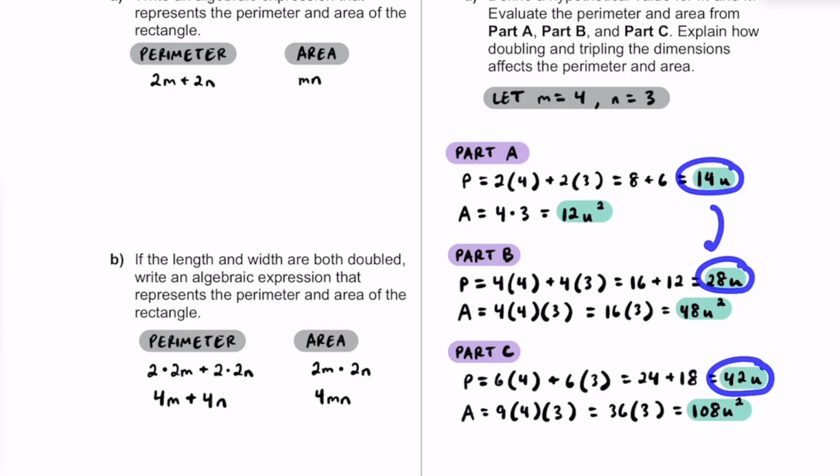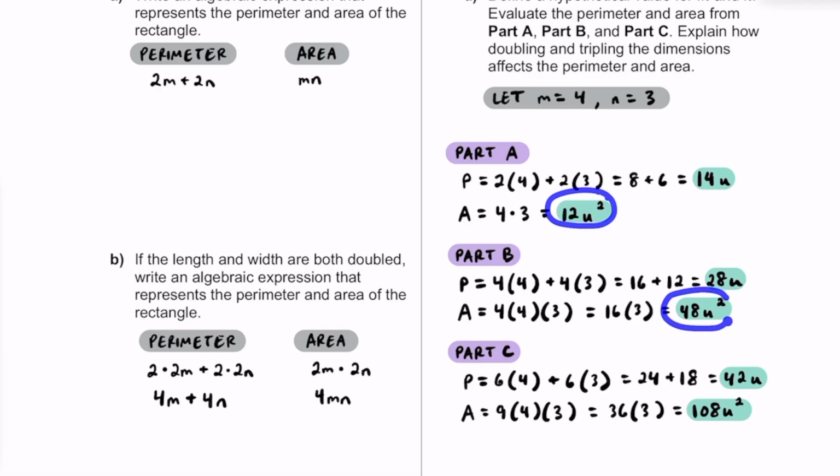So when we doubled the dimensions, notice that the perimeter also doubled, and over here, the perimeter did triple. 14 times 3 is 42. So when we doubled and tripled the dimensions, the perimeter followed along. Now, what about the areas? Well, we had an area of 12, then an area of 48, then an area of 108.